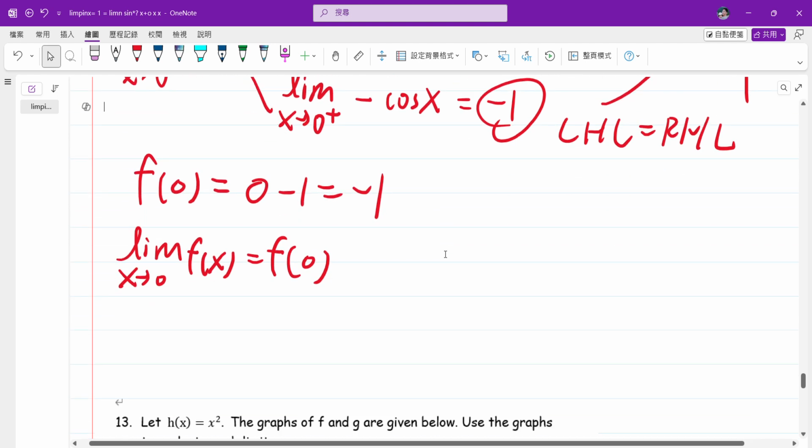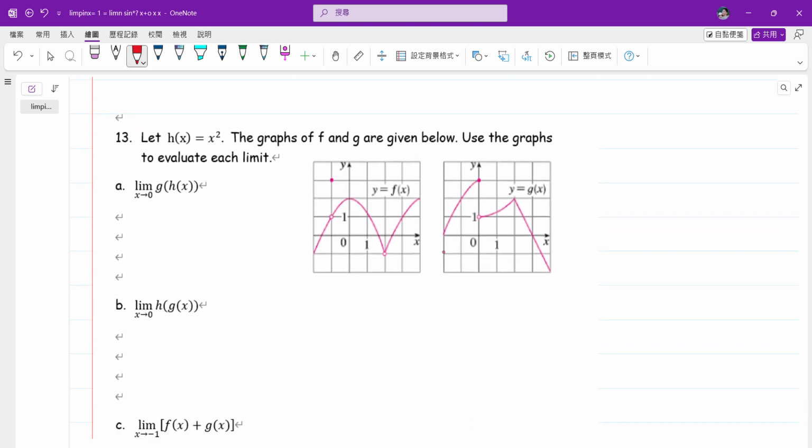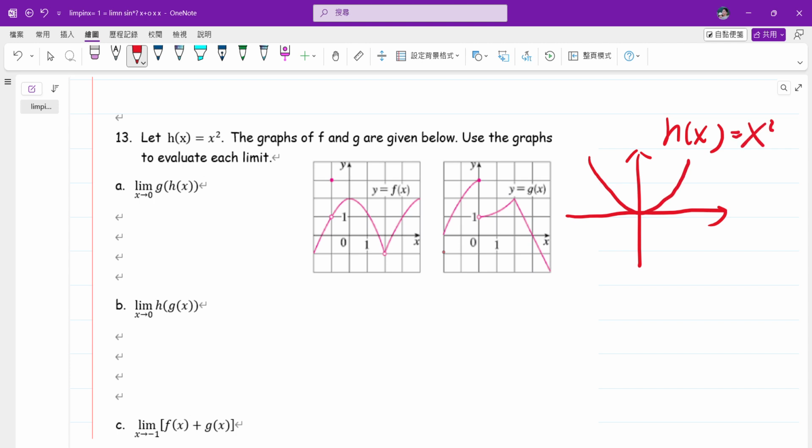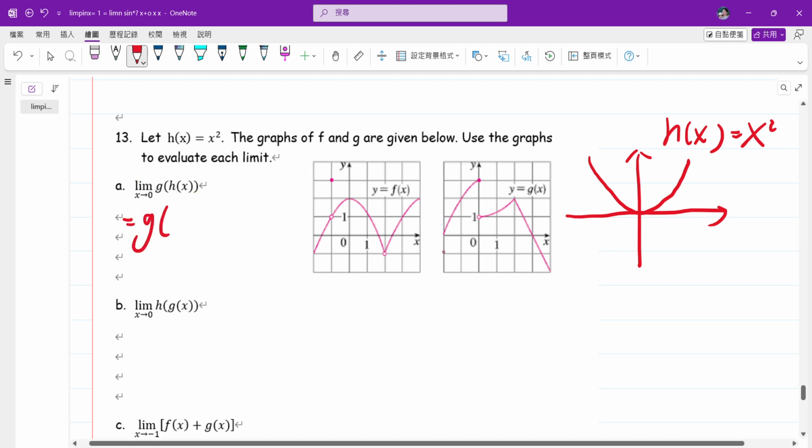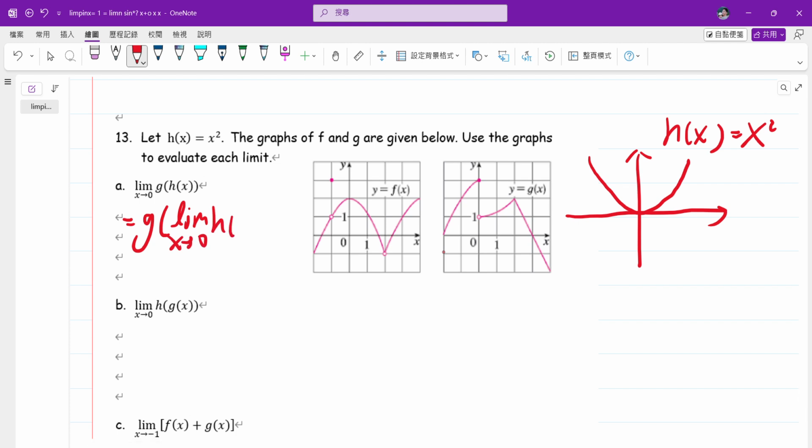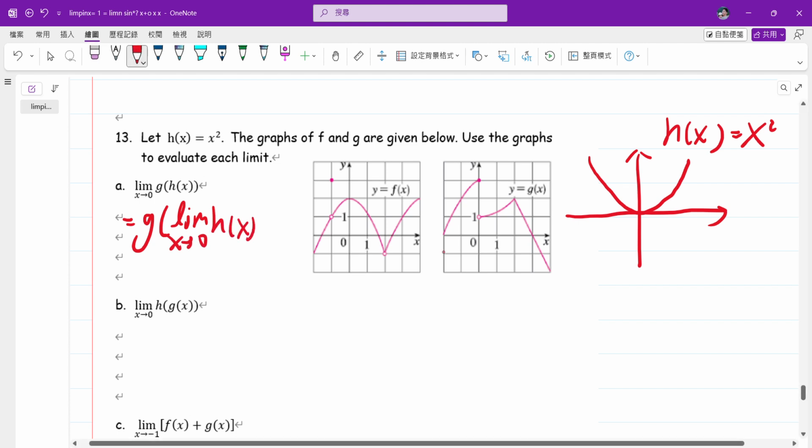Okay, question 13. You have to draw h of x first. This, okay, this y equals x squared. That equals g of the limit x approach 0 of h of x.